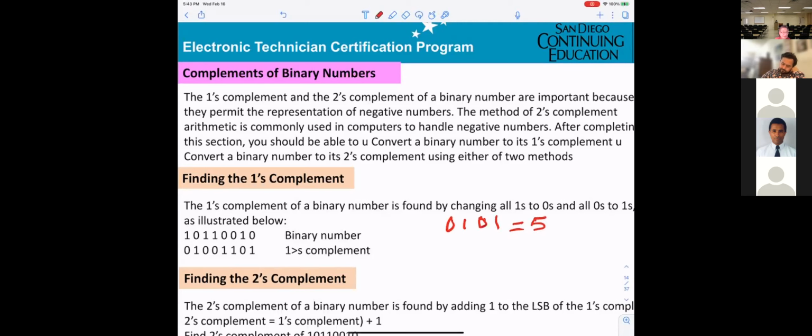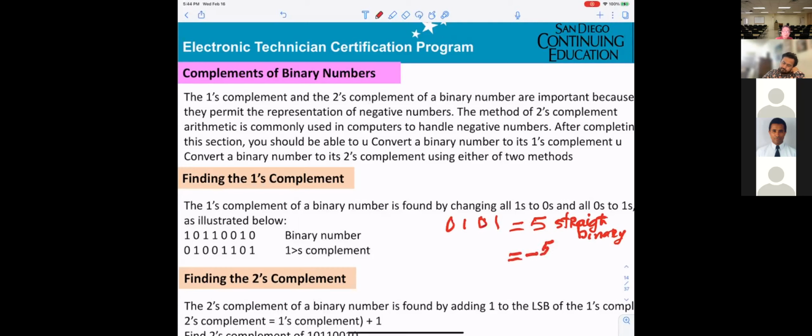That's what they call a straight binary. However, the computer also has to deal with a minus 1.